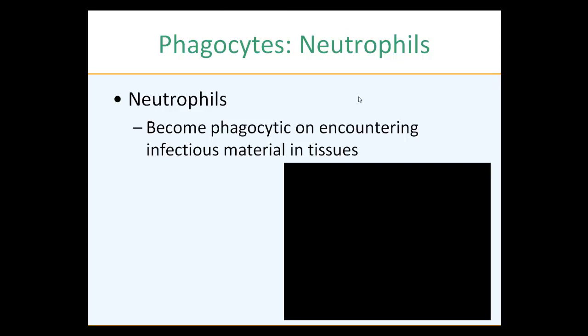We will see how they migrate from the blood into the tissues in a process we call diapedesis. We'll see how this migration takes place in the next few slides. So the neutrophils are not phagocytic when they are in the blood, and we will see that in the blood section when we cover that.